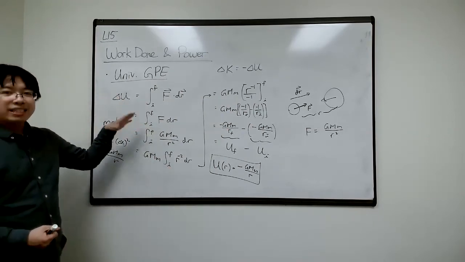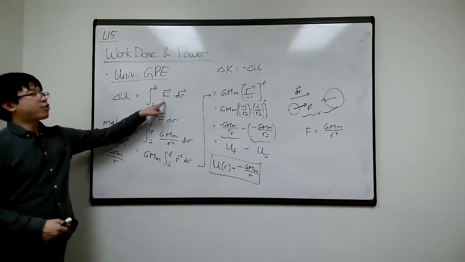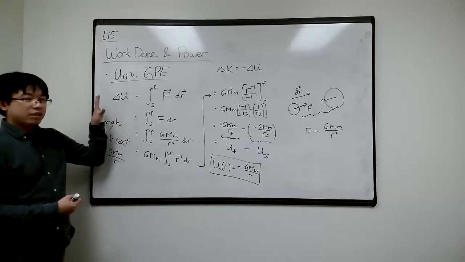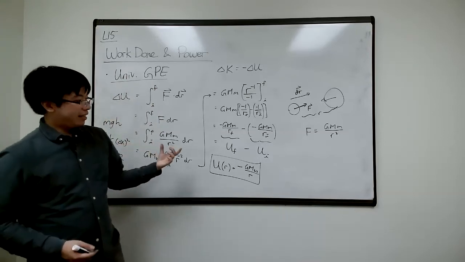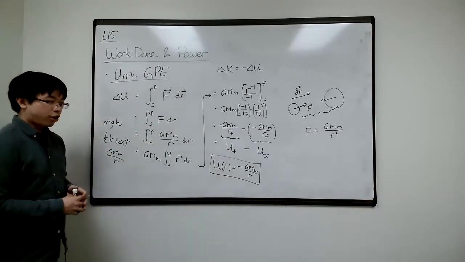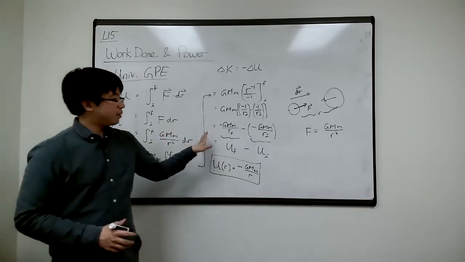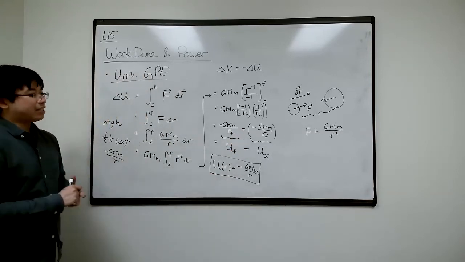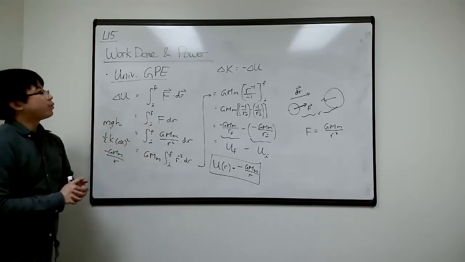It's really defined through work done. It's the work done by gravity to move a certain distance, like that. To get the absolute, there's a more rigorous way to treat this, but that's slightly beyond the scope of this course, and we'll just be content with looking at the difference between these.